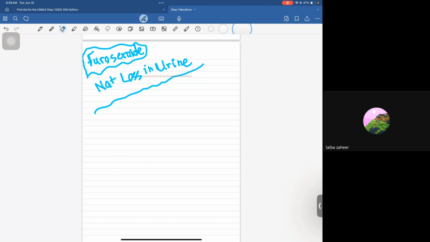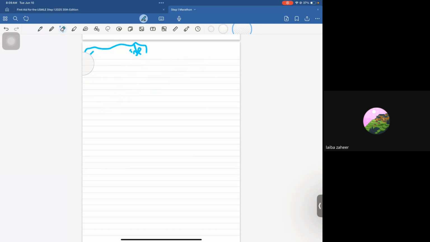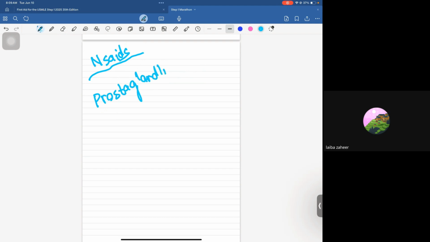And the second thing is that we have NSAIDs, right? We have already gone into the details of NSAIDs, but remember, first of all, NSAIDs are going to decrease the prostaglandins, right? This is important. I am telling you again and again, they are going to give you a question. They are going to say that a 40 or 50-year-old male comes to you.